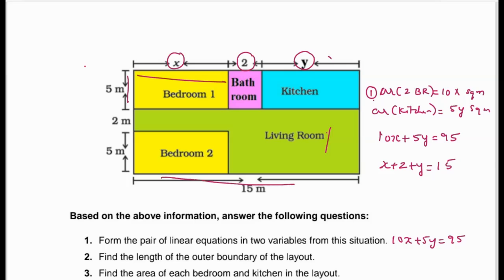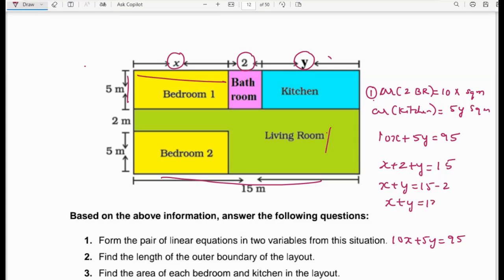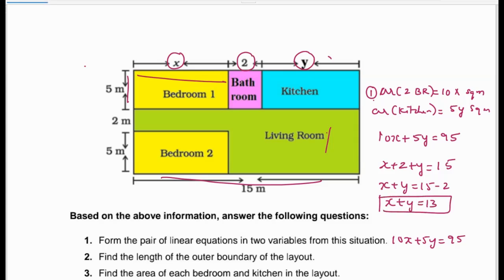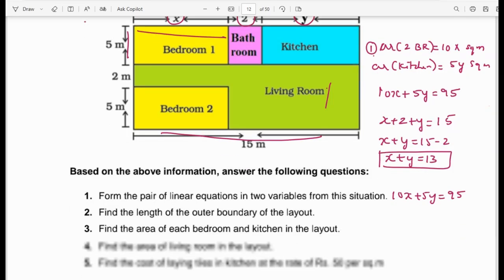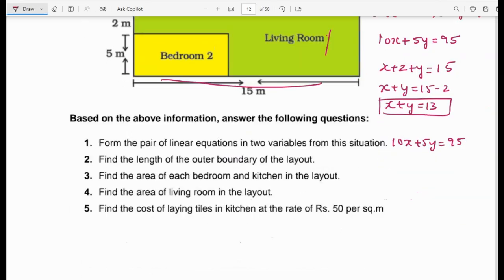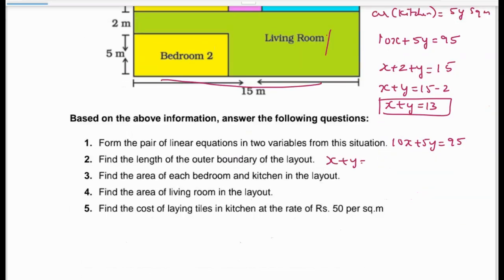Here it is given 15. We are just comparing both the lengths. So x plus y will be 15 minus 2, so x plus y will be 13. So the length is x plus y equals 13. That will be your second answer.